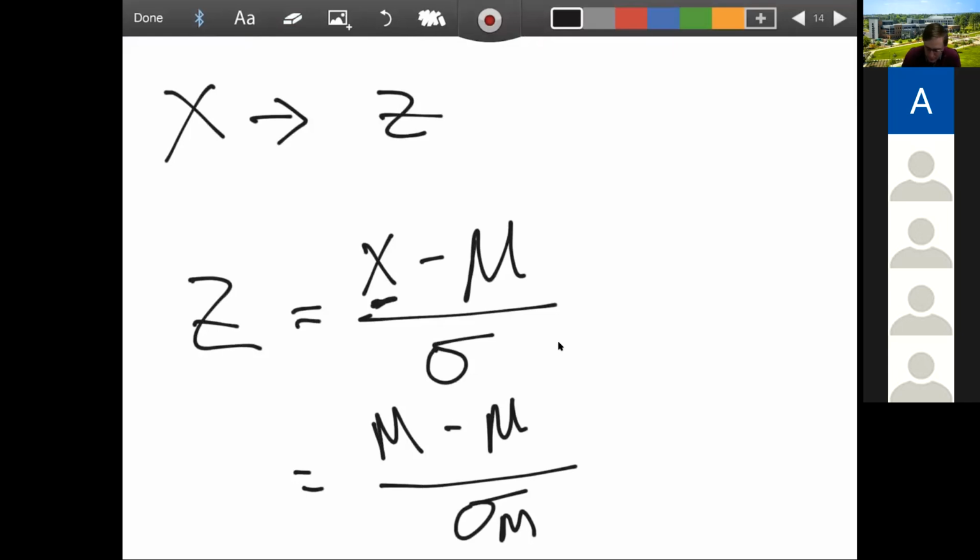For some reason, I know the second formula better than the first one. I just need to focus on learning the first one. Essentially this is saying the same thing. It's just, what is your value of interest? In this case, your value of interest represents one person with the X. In this case, it represents one sample with the mean. And then this is still essentially a deviation measure on the bottom.